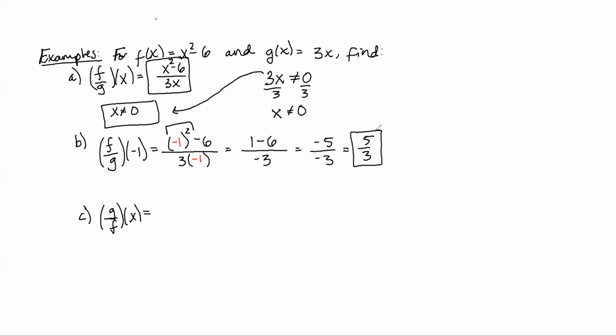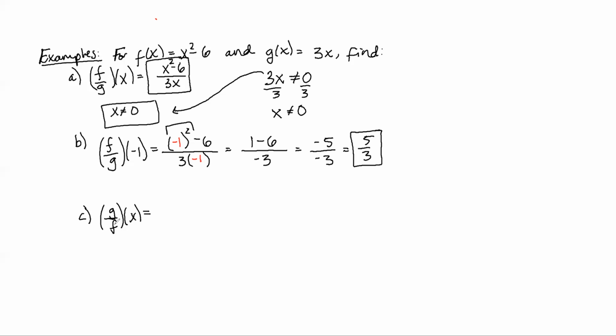All right, so the last little part here is to find g over f of x. I put this one in here because I want you guys to really pay attention to what order they have stuff in. Same thing goes with subtraction. On this one, they have g on the top, f on the bottom.